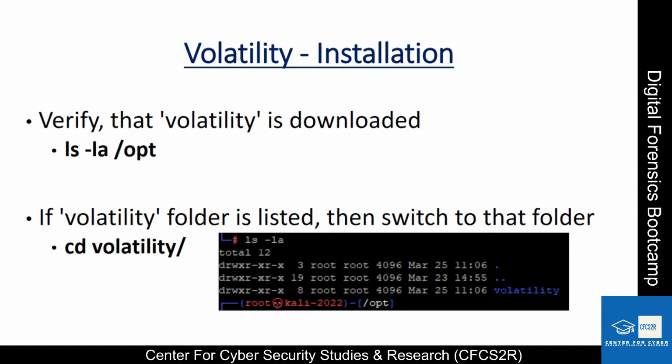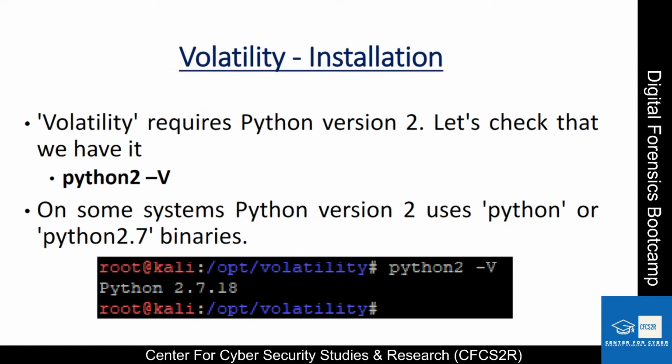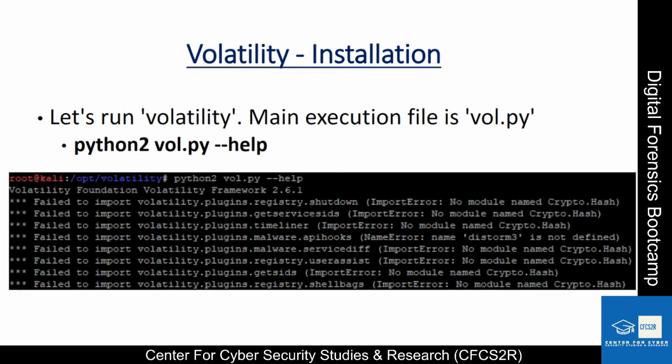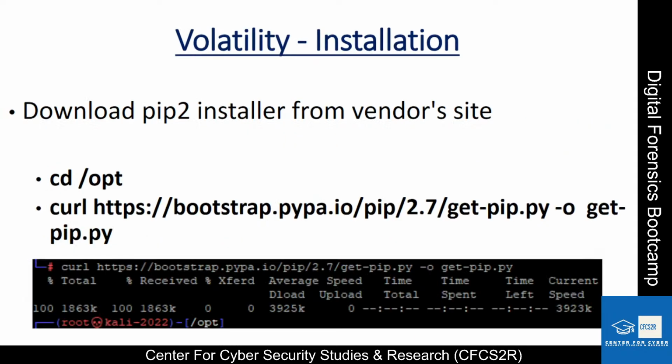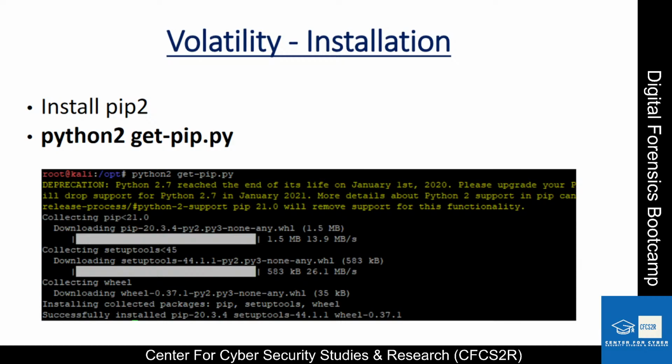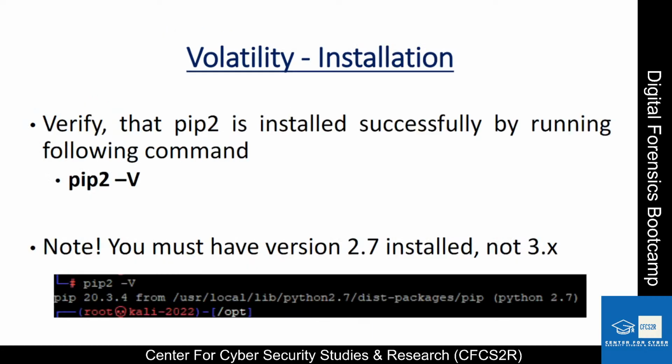Volatility installation itself requires a lot of things, because Volatility requires Python version 2, and in case you are already on the upper versions, then you have to downgrade. There are certain dependencies like pip2 installation required, because it needs the 2.7 version of Python, not 3 point something, which is available nowadays.